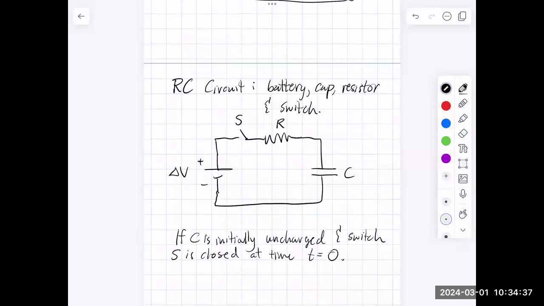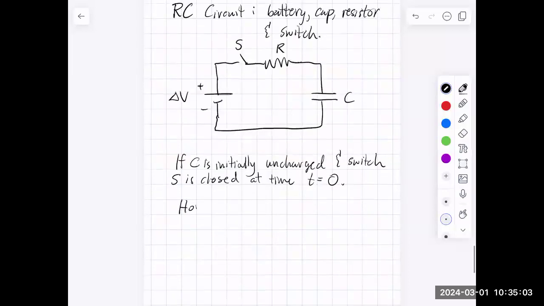So we call t equals 0 the time we close the switch. So what we can imagine doing is we close the switch, and at the same time we start a stopwatch, which counts how much time has gone past, and we monitor how much charge we have on the capacitor. What I'd like to ultimately do is make a plot of how that charge on the capacitor changes with time.